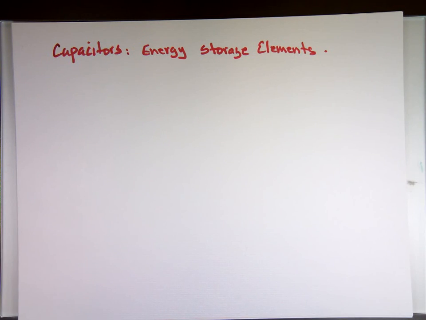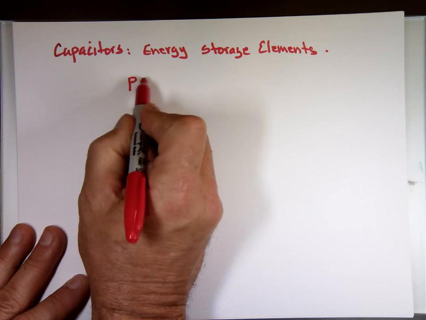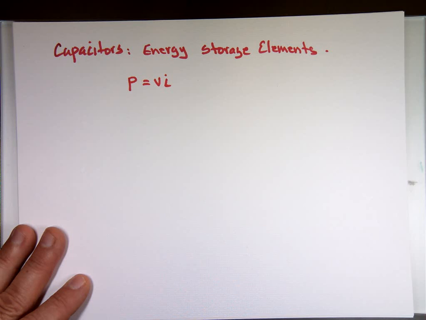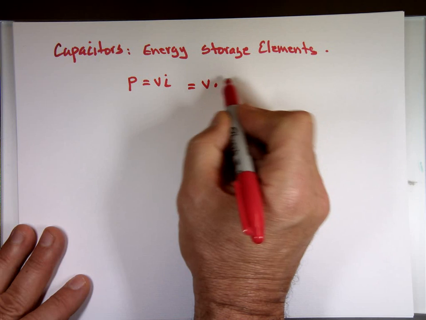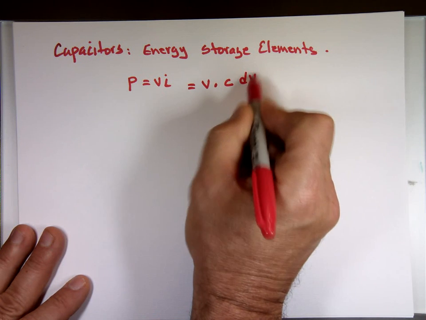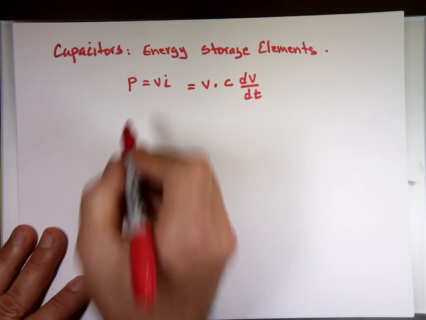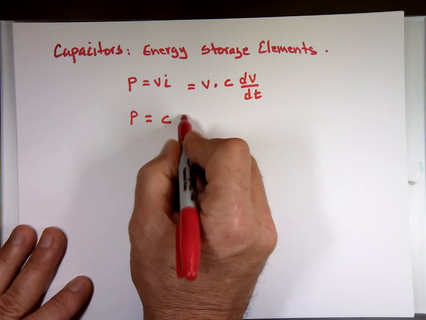How much energy is stored in them? Well, let's derive the equation for that. We know power is voltage times current, which is voltage times, what's the current? i equals C dv/dt. So the power is going to be C v dv/dt.